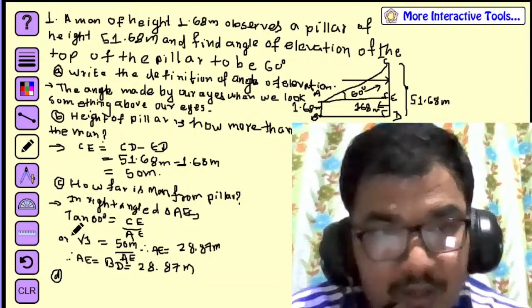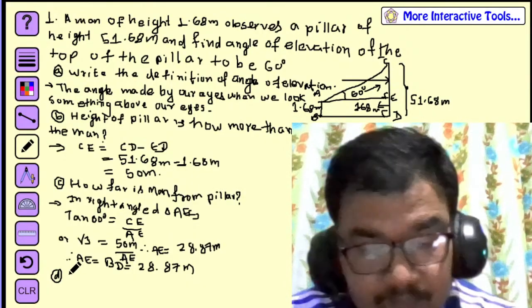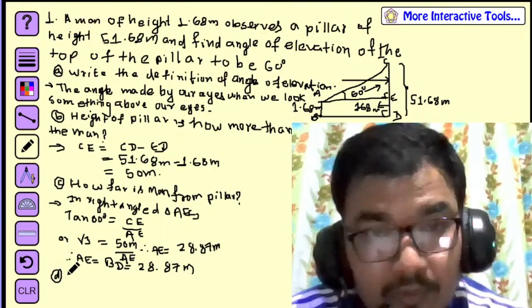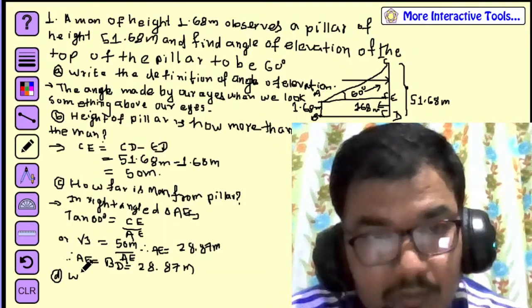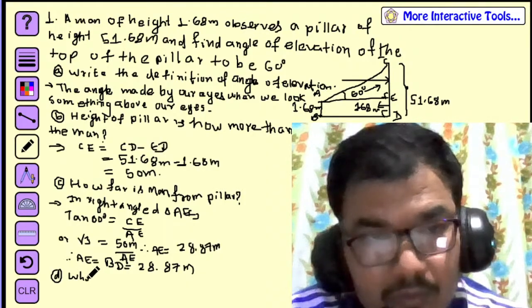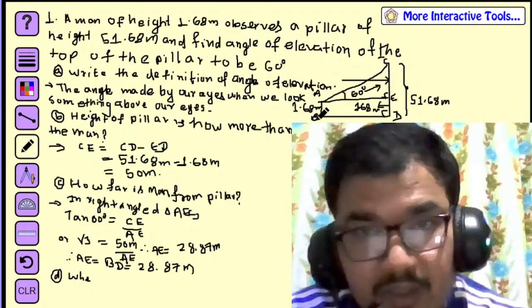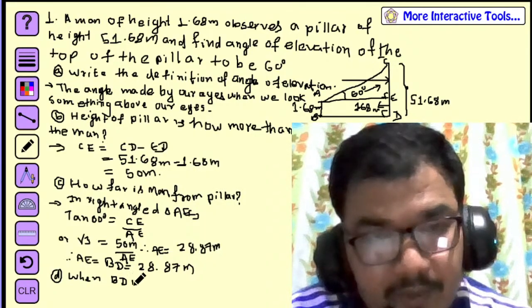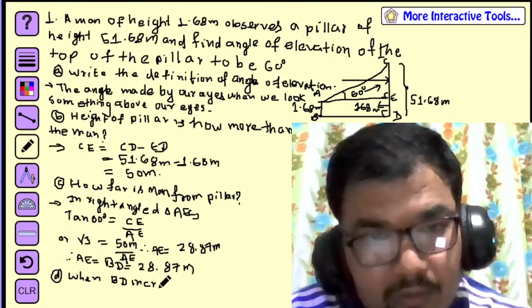Here, when the distance BD is increased, what will happen?